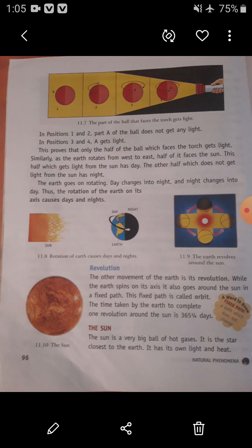Look at the picture. In position 3 and 4, A gets light. This proves that only the half of the ball which faces the torch gets light.